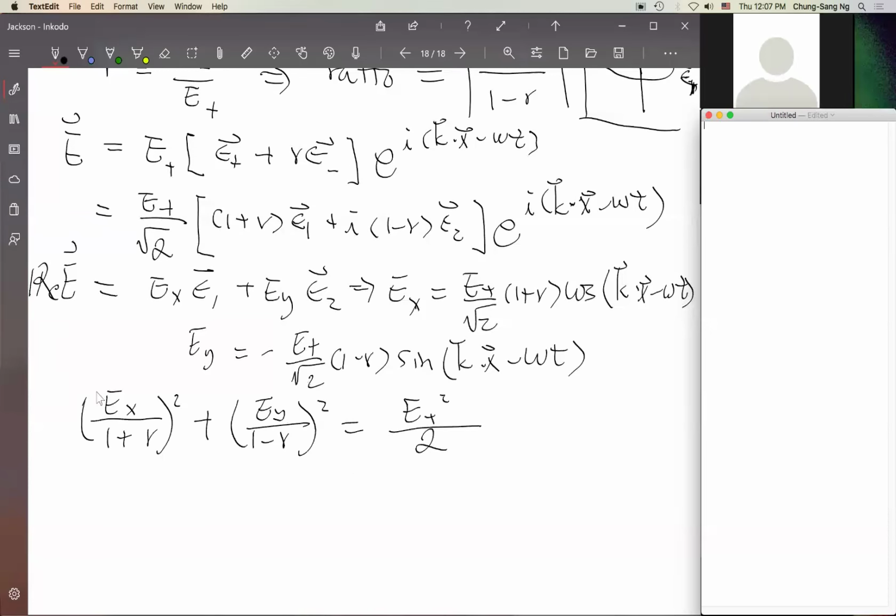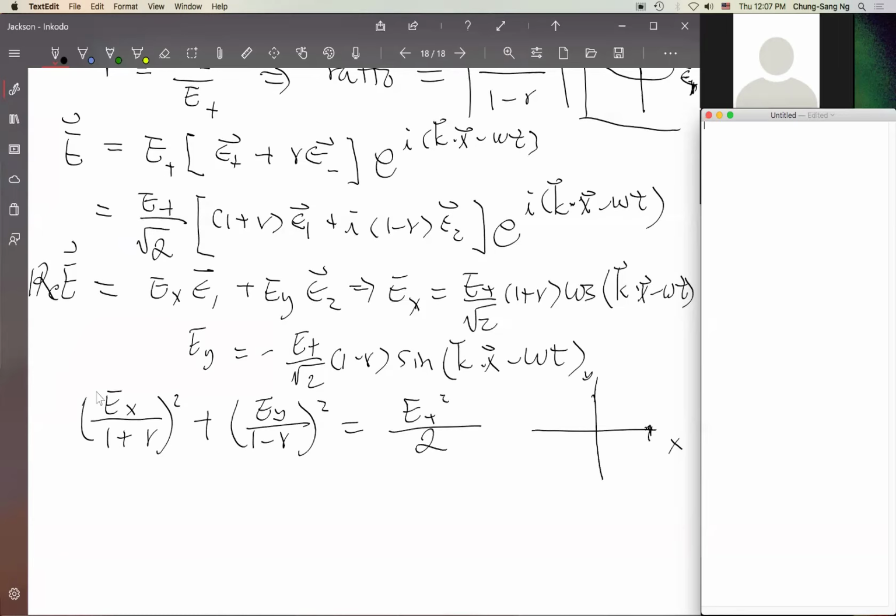Okay, so that's an equation of an ellipse. This is the situation. You put Ex and Ey in the XY space, or epsilon 1, epsilon 2. So we start with an Ex in the X direction. And so this is an ellipse.